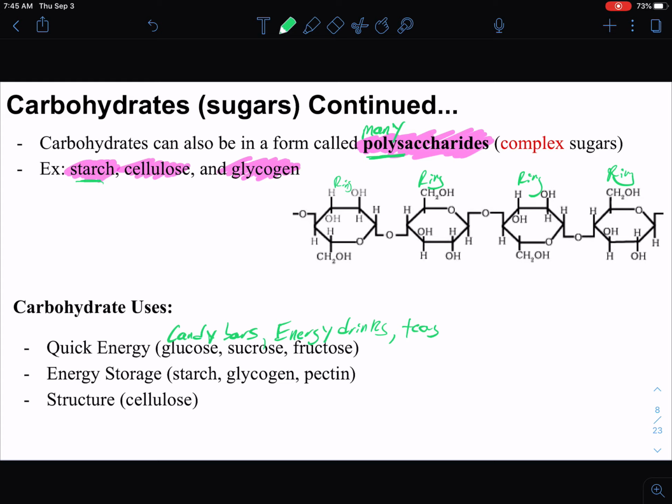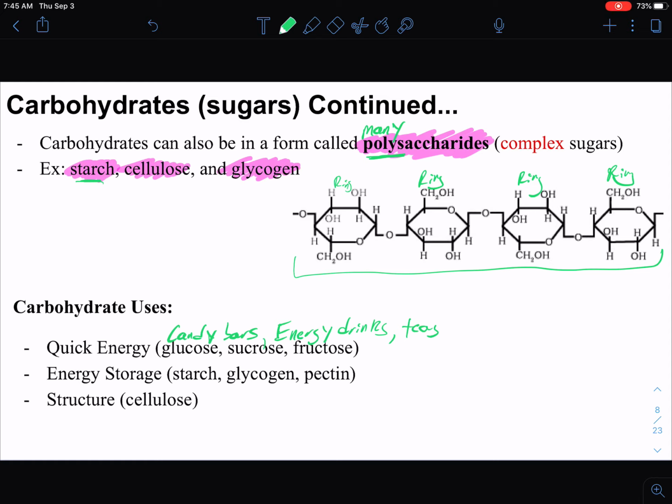They can be used for energy storage, like we have the starch, glycogen, and something called pectin. What we're saying by energy storage is these long chains like this aren't broken down very easily, so you can get energy built up with them, and they're long-term energy. They allow it to burn longer and allow you to feel more energized for longer periods of time compared to the candy bars.